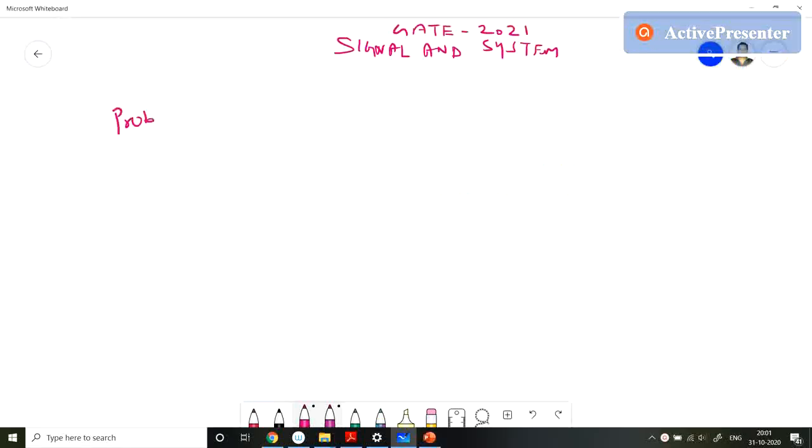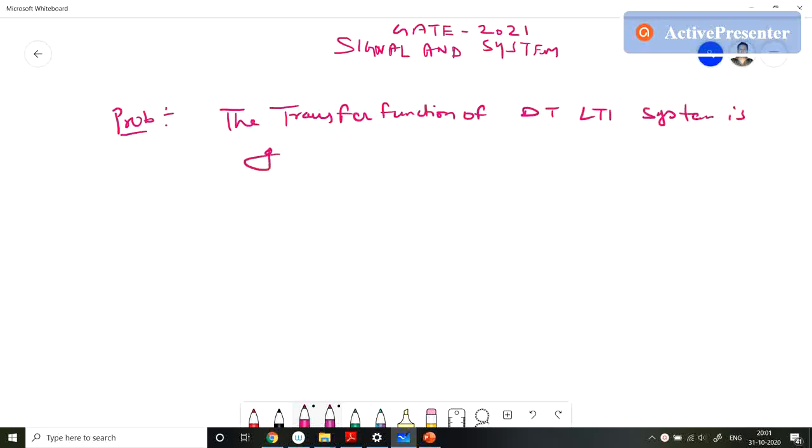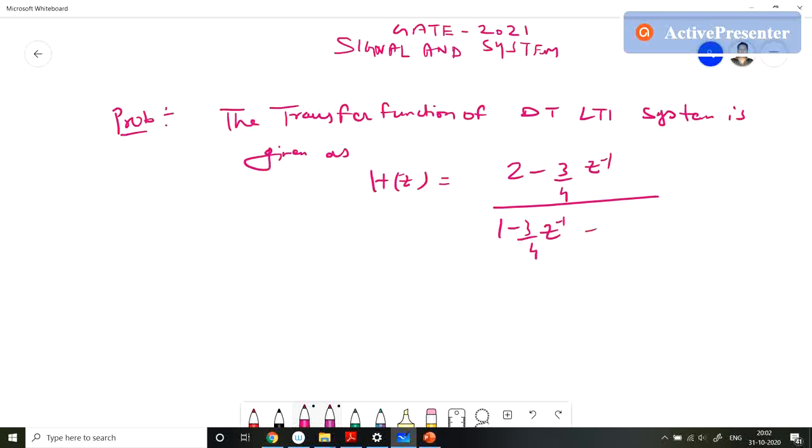So let us solve this problem. The transfer function of a discrete time LTI system is given as H(z) = (2 - (3/4)z^-1) / (1 - (3/4)z^-1 + (1/8)z^-2).